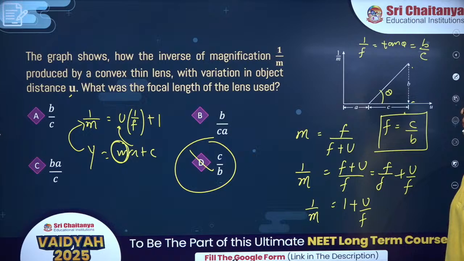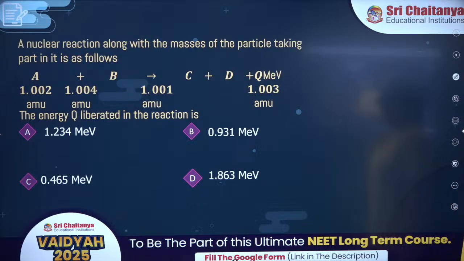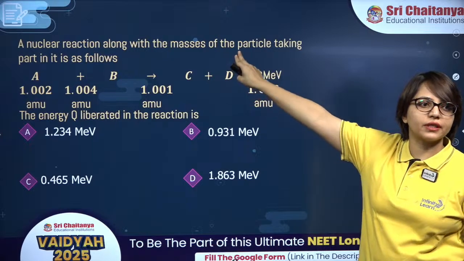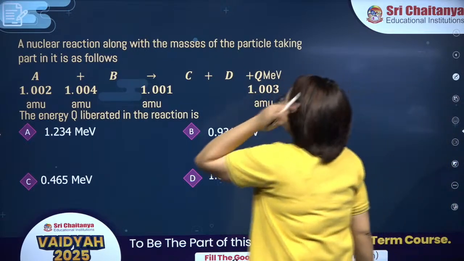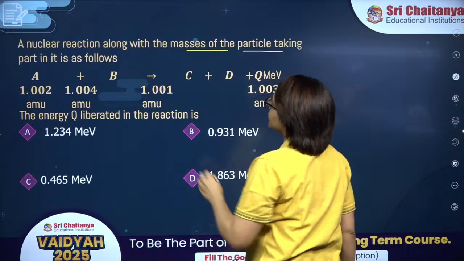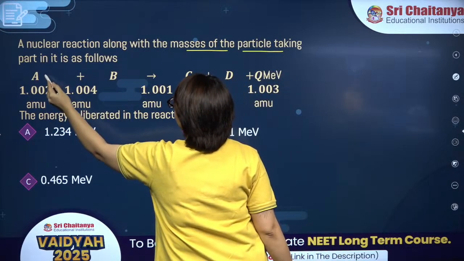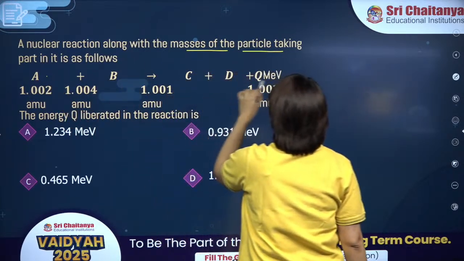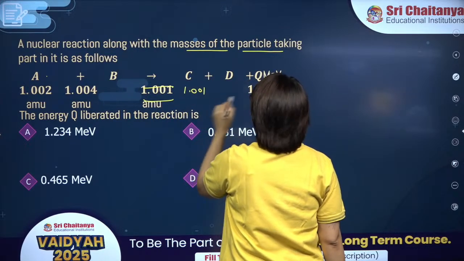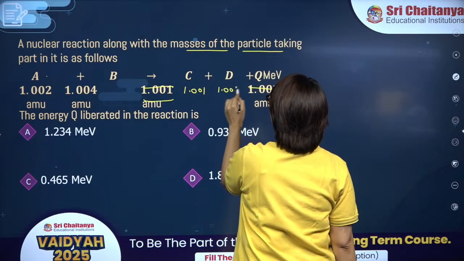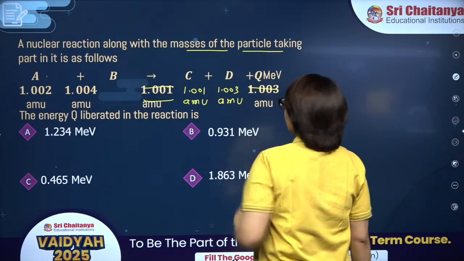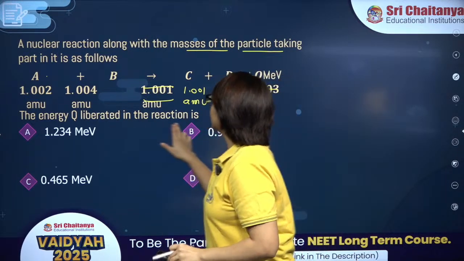Alright, chaliye. Next is this one, the nuclear reaction. This is from nuclear physics, modern physics. A nuclear reaction along with the masses of the particles taking part in it is as follows. A plus B will give you C plus D plus some Q value. You have to find the energy Q liberated in the reaction.